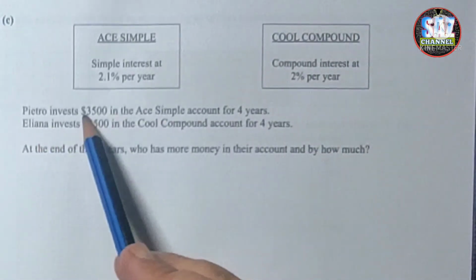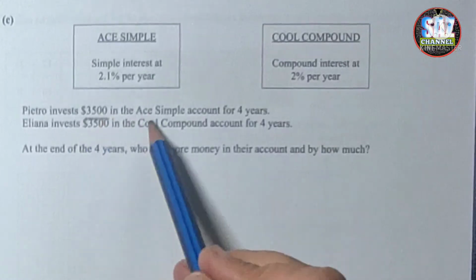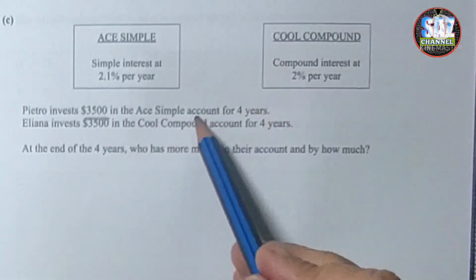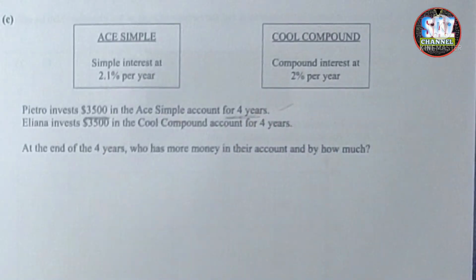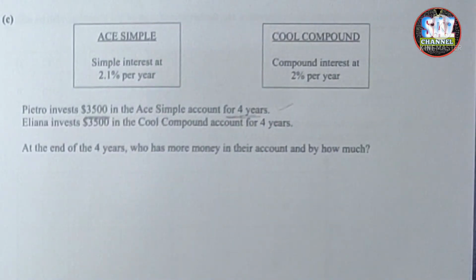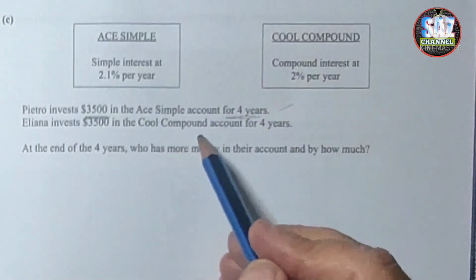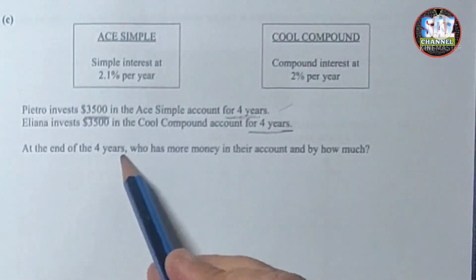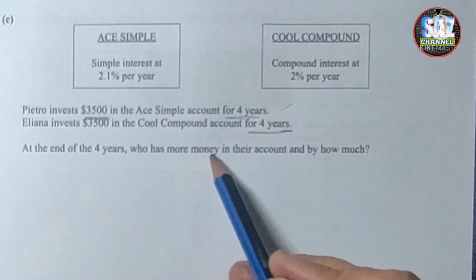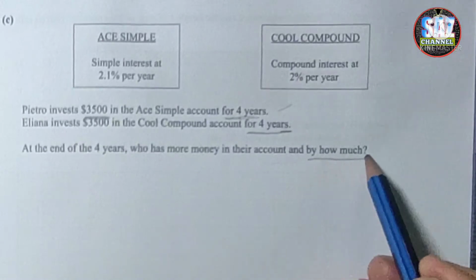Petro invests $3,500 in the simple account for 4 years. Elena invests the same amount, $3,500, in the cool compound account for 4 years. At the end of 4 years, who has more money in their account and by how much?